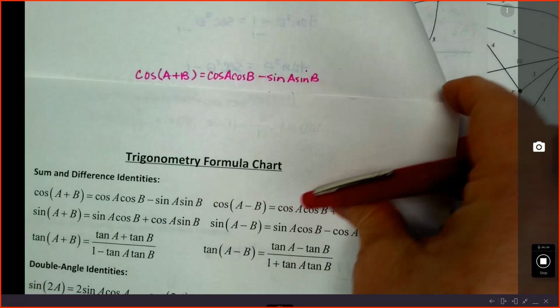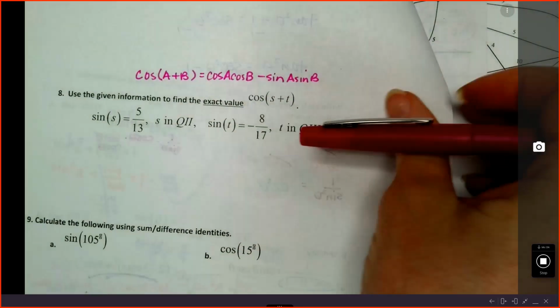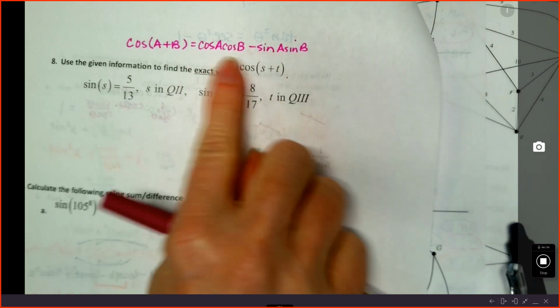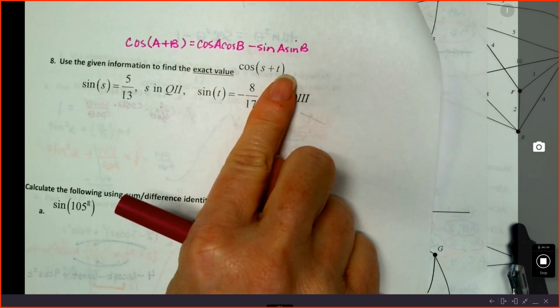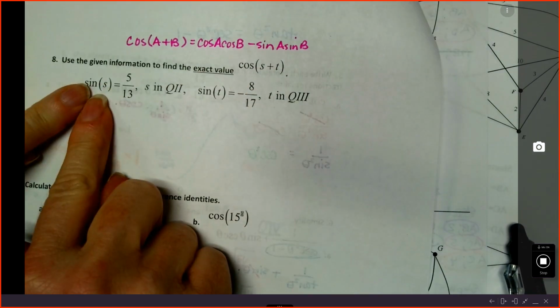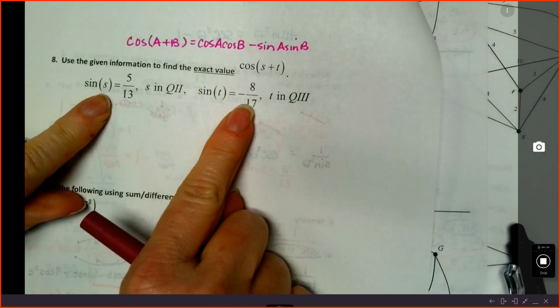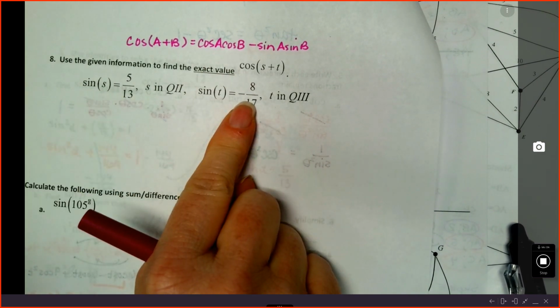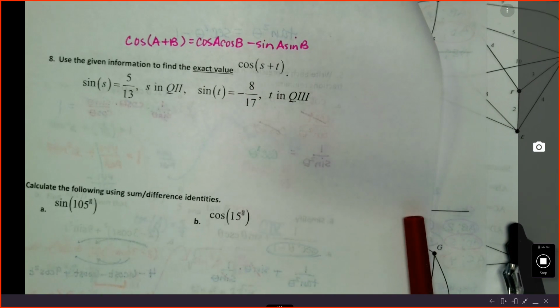All right. So if I'm using this identity, obviously with S's and T's, I have sine of S and I have sine of T, but I don't have cosine of S and cosine of T. So how do I do that?